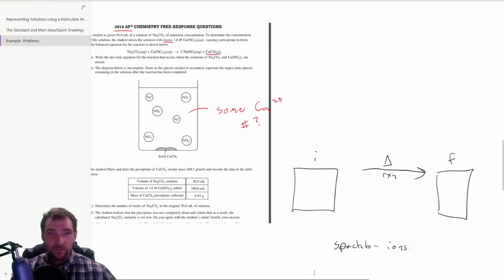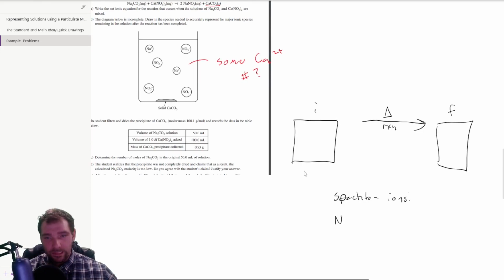So we might as well label those. The spectator ions are the Na plus and NO3 minus. You can see that those are still aqueous up here, so these are going to stay the same. There's no real change between them.